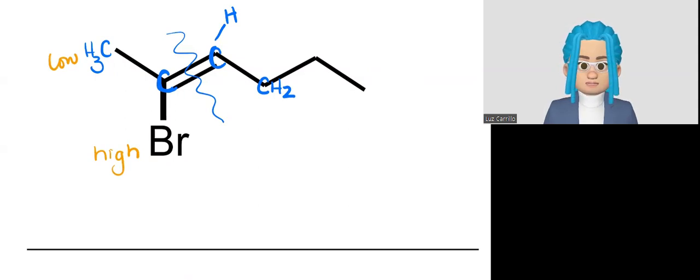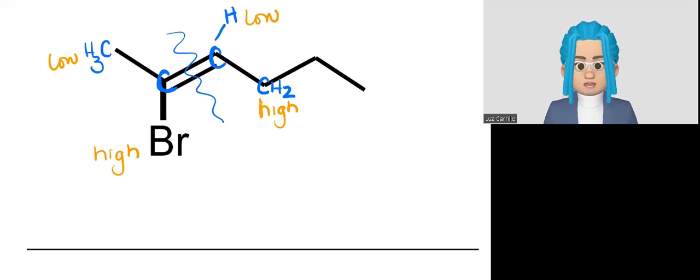I can see that for this carbon atom, I'm comparing hydrogen to carbon. Carbon has a higher atomic number. So this group pointing down is going to be labeled high. The hydrogen on the top is going to be labeled low.